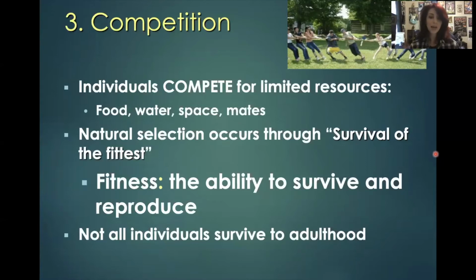And with that being the definition, it goes along with that not all individuals are going to survive to adulthood when they could have the chance to reproduce. So you are considered a fit individual if you are able to survive through adulthood and have your own offspring.